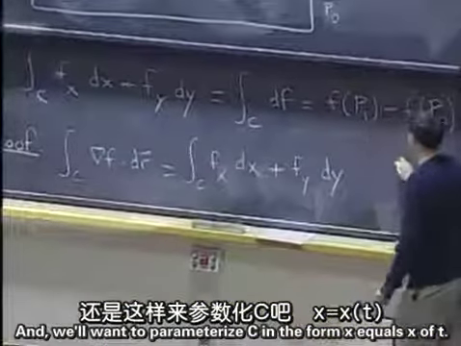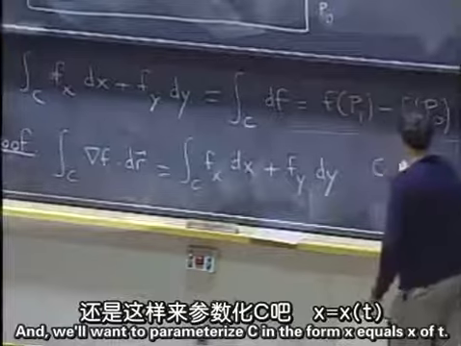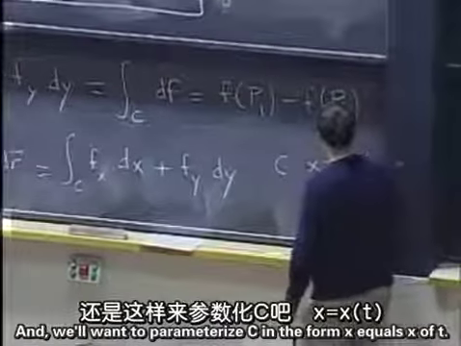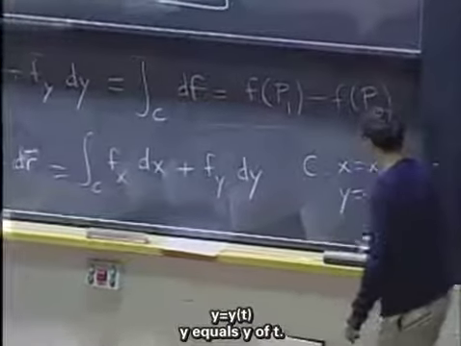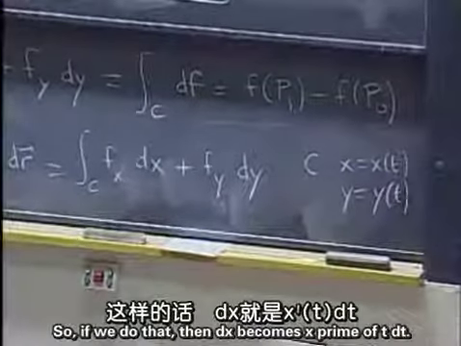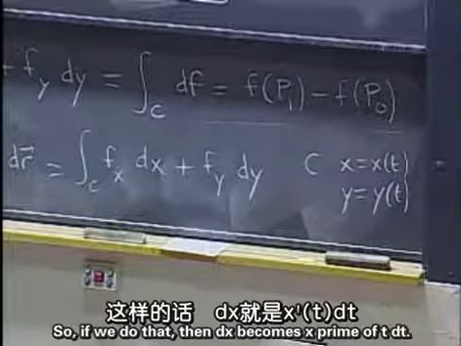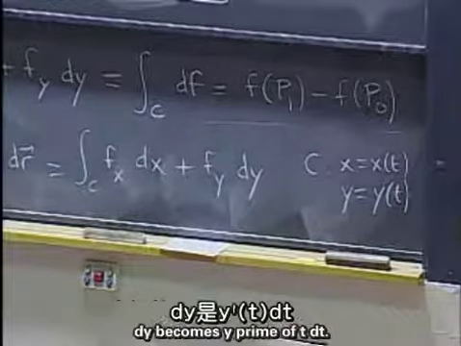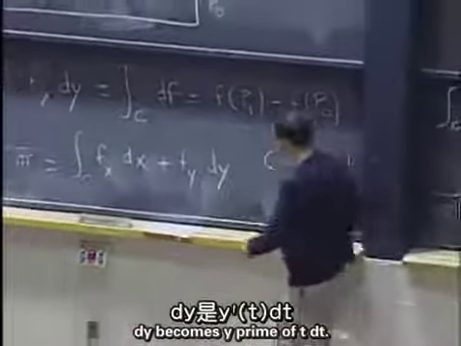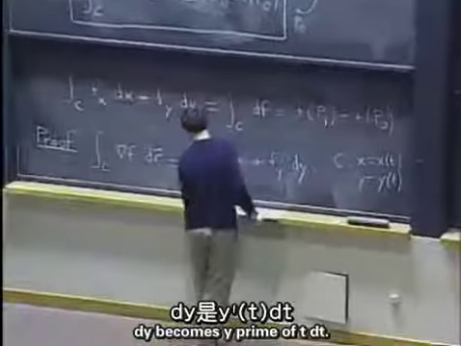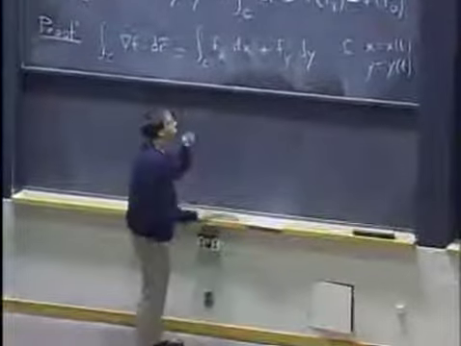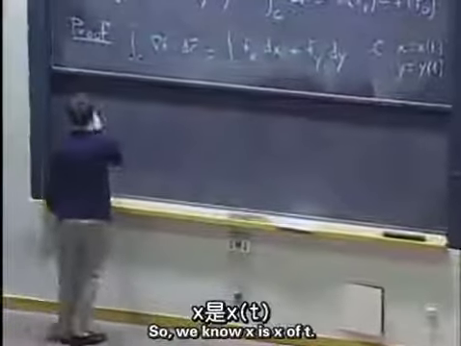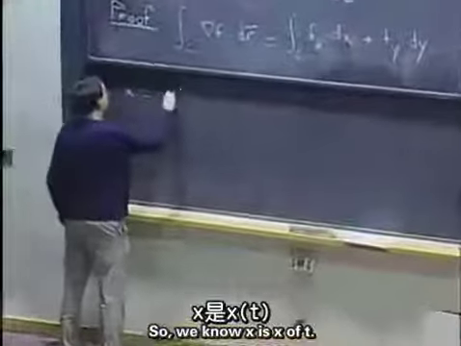And we'll want to parameterize C in the form x equals x of t, y equals y of t. So if we do that, then dx becomes x prime of t dt, dy becomes y prime of t dt. So we know x is x of t.